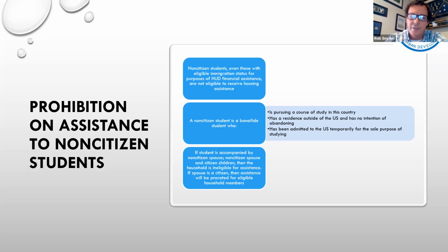And then for students that have a non-citizen spouse and citizen children, the household itself is ineligible. If the spouse is a citizen, then the assistance would be prorated based on the eligible number of household members. And in the guidebook, in one of the appendices, there's a chart that'll help the housing authorities with that calculation and determination.